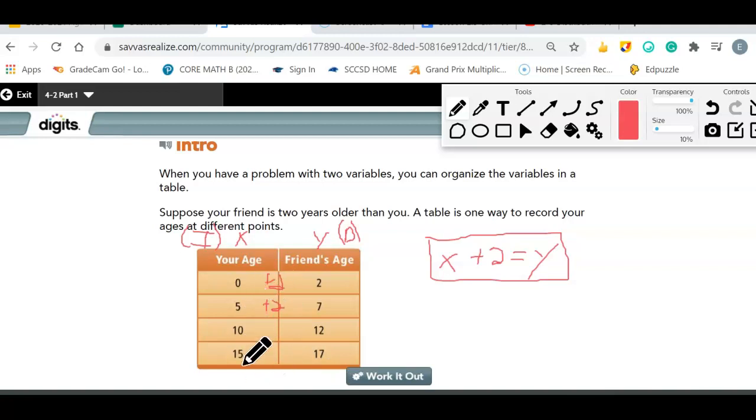Do we want to keep going by 5s and then go by 1s? No, that would take way too long. So we put it into an equation. We would plug in 72 plus 2. That equals Y, which is 74. Your friend's age would be 74. So it's just an easier way to get to your answers than using just a table.